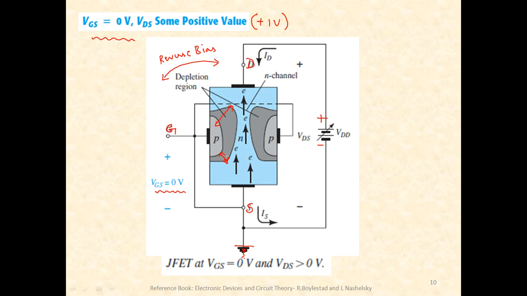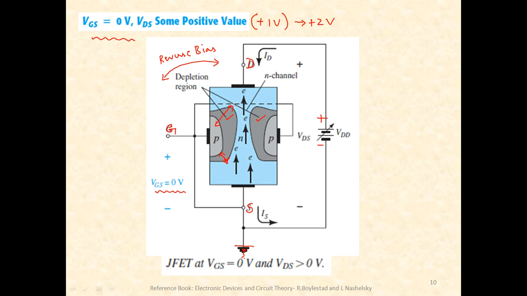Okay, so there is no change in the depletion region near the source end, whereas near the drain end it has just bulged. Okay, fine. So this has actually happened on both the sides, on the left hand side and also at the right hand side.